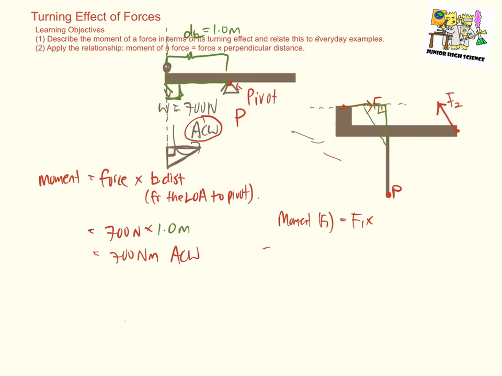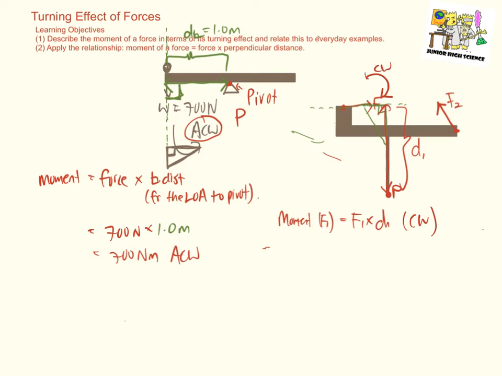This means that this distance, labeled in red, will be the perpendicular distance from F1 to P. And there you go. F1 times D1 will give you the turning moment caused by F1. This turning moment will make the whole system rotate in this direction, and therefore this is a clockwise moment.